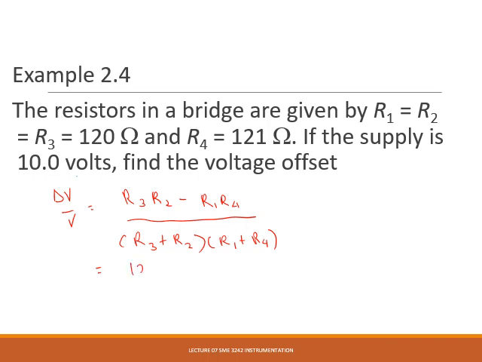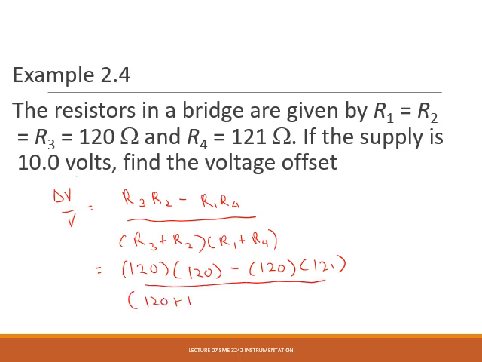R3 is 120, multiplied by 120, minus 120 times R4, which is 121, divided by (120 plus 120)(120 plus 121), multiplied by 10. That will give us negative 20.7 millivolt.